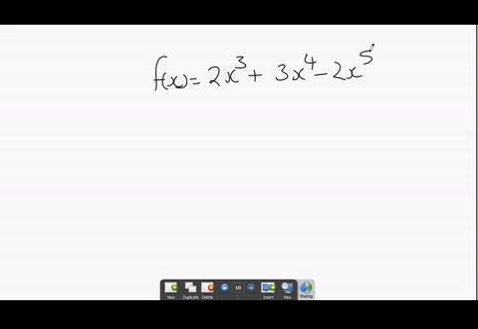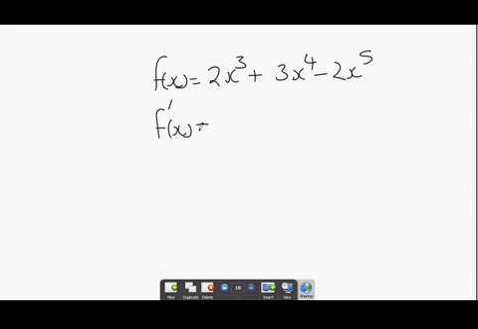Remember I had y and I would get dy/dx, but now because I have got f of x, I'll get f prime of x. That is very interesting because we're no longer using y, we're now using f of x. So we don't get dy/dx, we get f prime of x, which is the same.